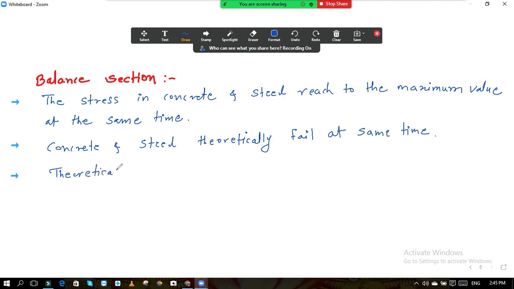Third point: theoretically, all sections are designed as balanced sections.